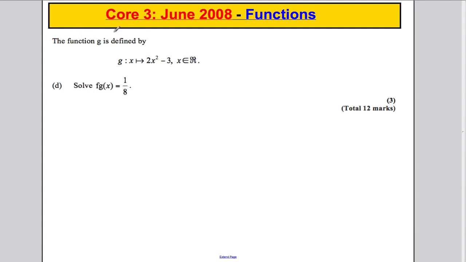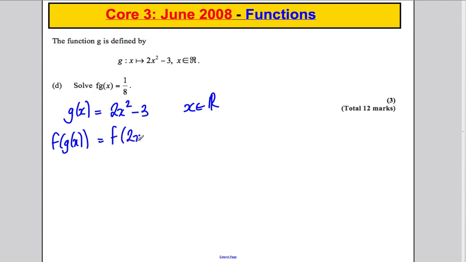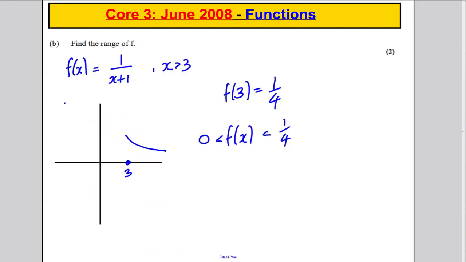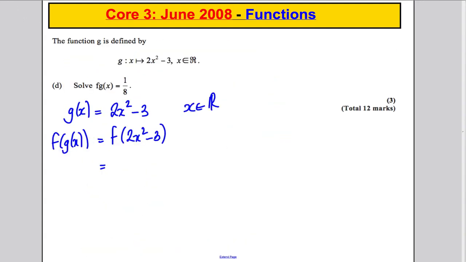Part D, we've got a new function and we're asked to solve f of g of x is 1/8. So g of x, our new function, is the function 2x squared subtract 3, and x can be any real number that you put in. f of g of x, well, that's asking us to work out f of 2x squared subtract 3. And f of x is 1 over x plus 1.